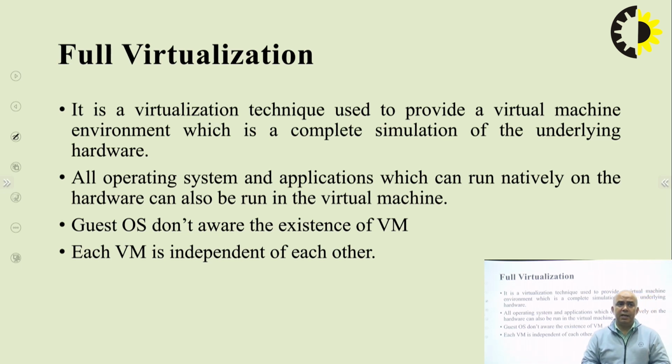All operating systems and applications which run natively on the hardware can also run on the virtual machines. So the guest OS is not aware of the existence of virtual machines, and each virtual machine is independent of the others.